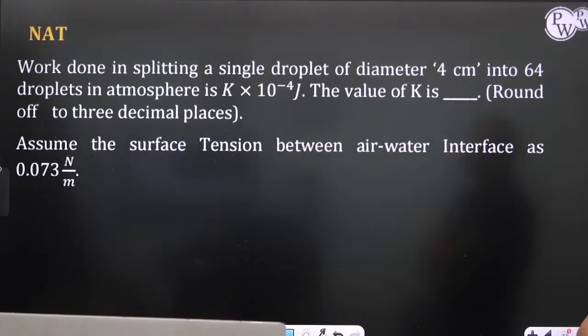The value of K is, assume the surface tension between the air water interface is 0.073 Newton per meter. So tell me, what is the value of K?